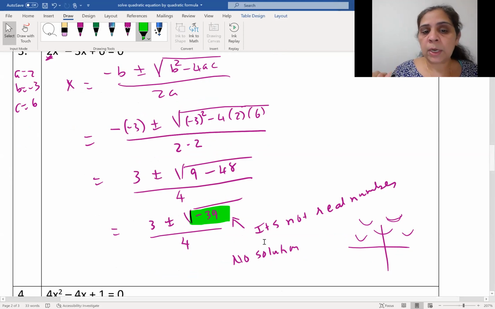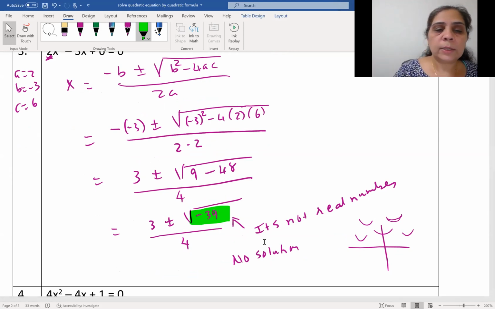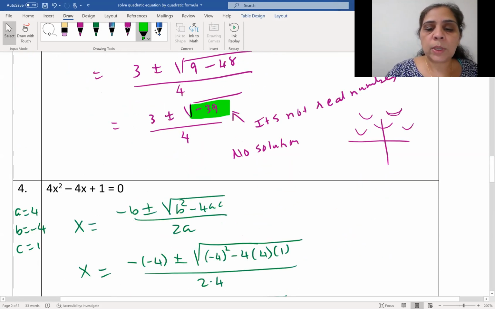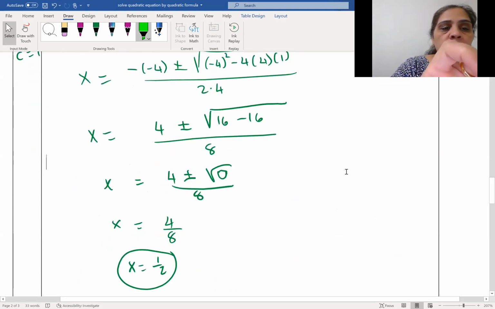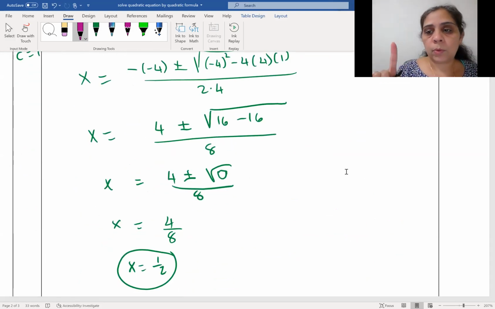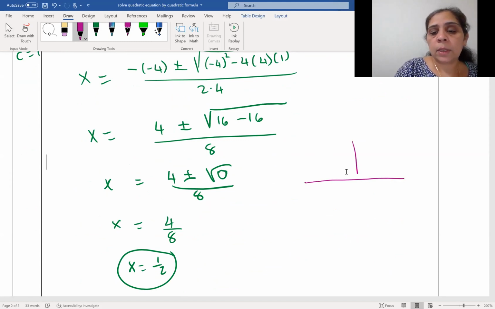Whenever the discriminant is negative, there is no real solution. And in the last one, the discriminant is 0, and then we have only one solution. So you will get only one x-intercept. Your graph crosses the x-axis at only one point, x equals 1/2.